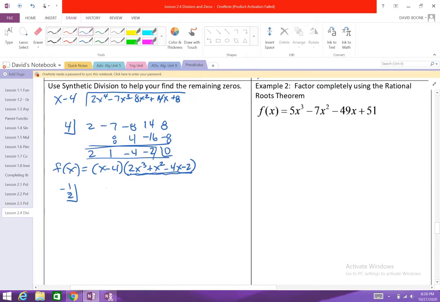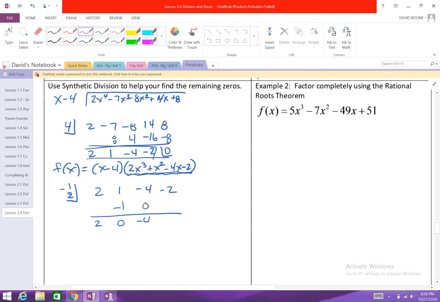So I'll bring down the coefficients. That's 2, 1, -4, -2. And we can draw the line and bring the first one down. And then go ahead and do the multiplying and adding. Multiply here would be -1. If I add that, that's 0. -1/2 times 0 is 0.